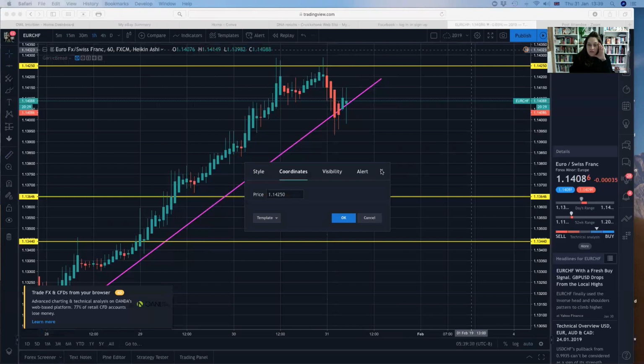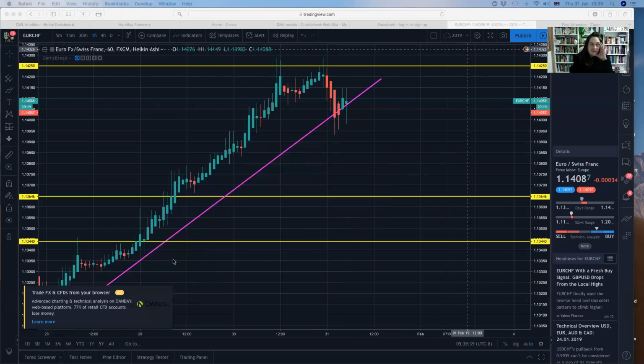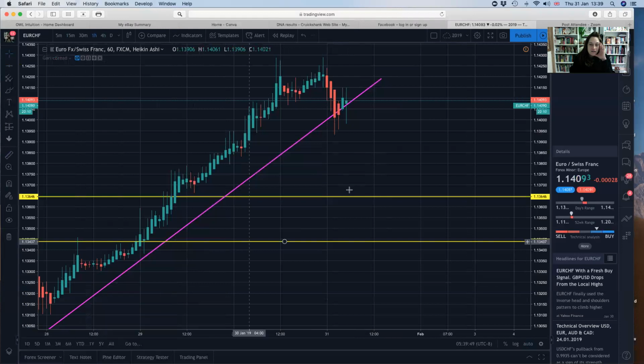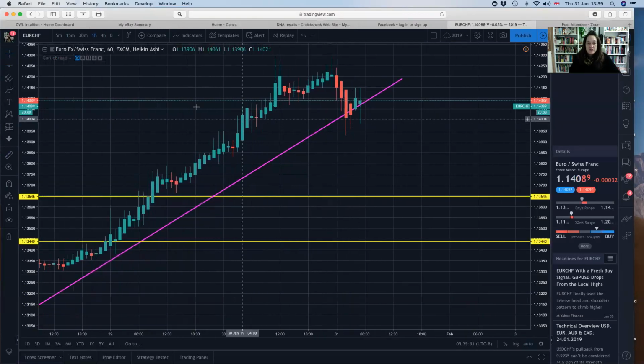Now I've got the spinning wheel of death. No way. What the heck? Right, let's try that. Got the stupid advert popped up now. Go away. Right, okay. Normal service will be resumed.